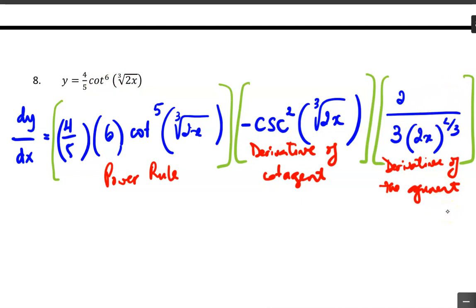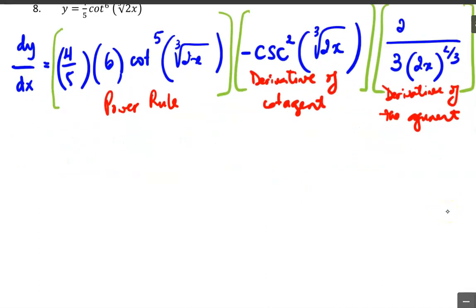So let me make a note here. How do I get to this 2/3 times 2x, all of it in a bracket, raised to the exponent 2/3 in this case? So I will do that in a minute, but let me write the final answer.